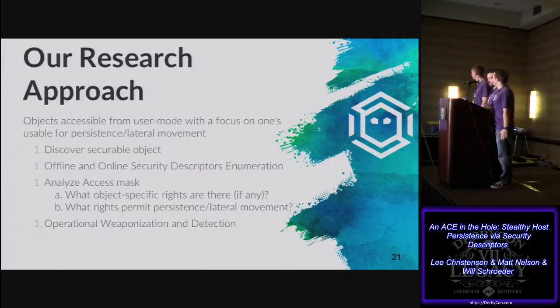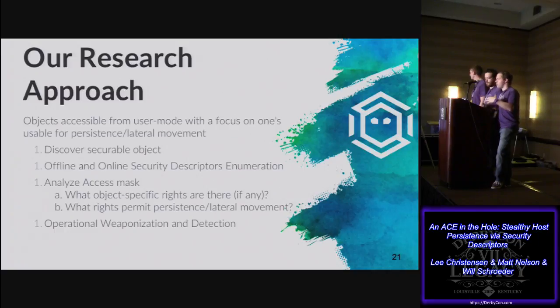When we went about trying to decide what objects we should look at, we took this approach. First it was discover what securable objects there are, and then analyze and figure out how to enumerate the security descriptor for each of those objects, whether it's offline or online, which we'll dive into a little bit. We'll figure out how to pull that security descriptor.